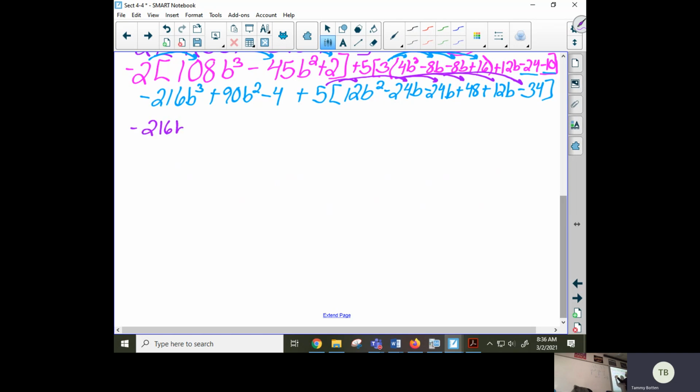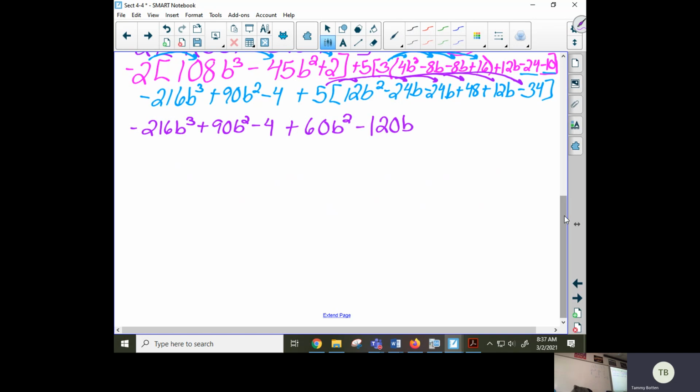Minus 216b cubed plus 90b squared minus 4. 5 times 12b squared is 60b squared. Then I have 5 times a -24. Is that 120? I believe.